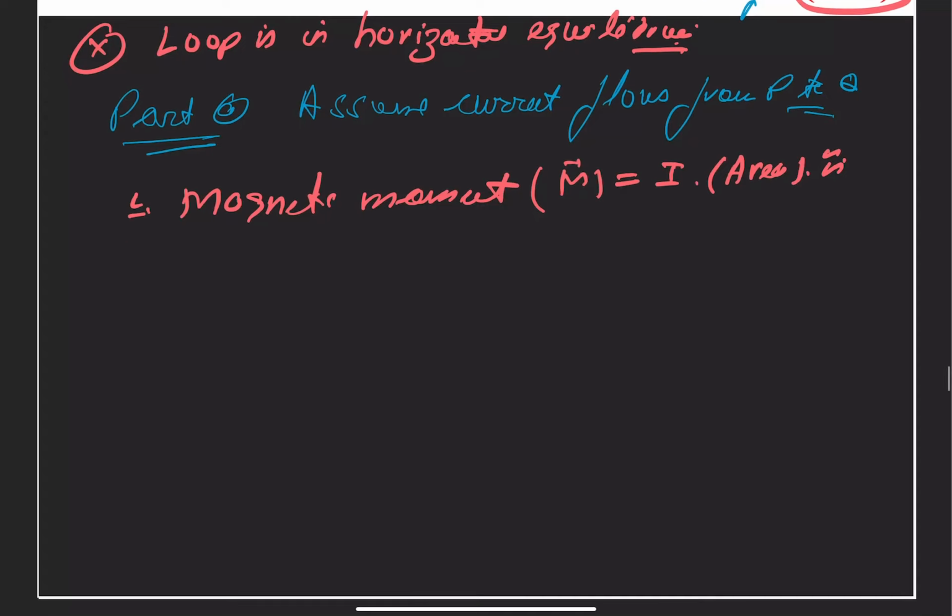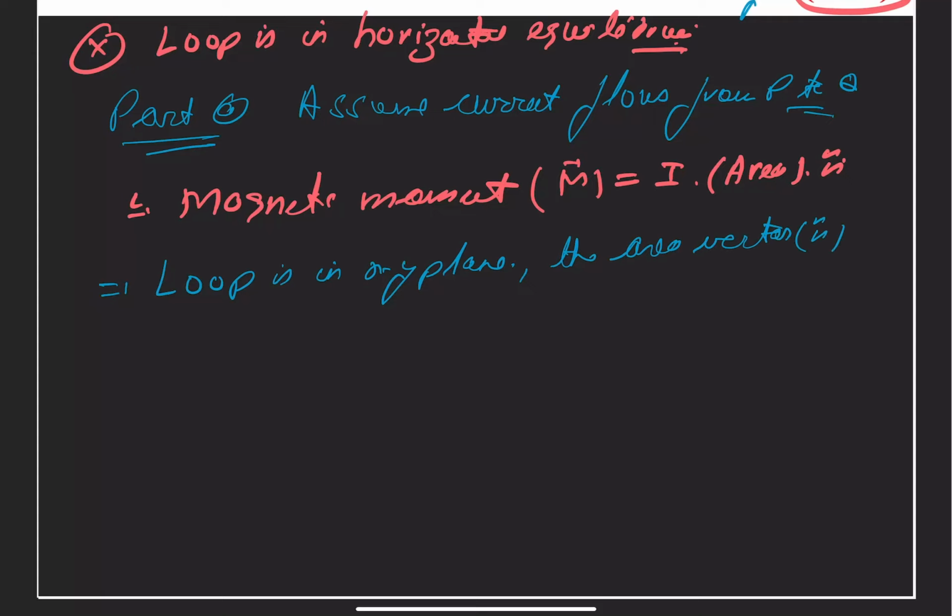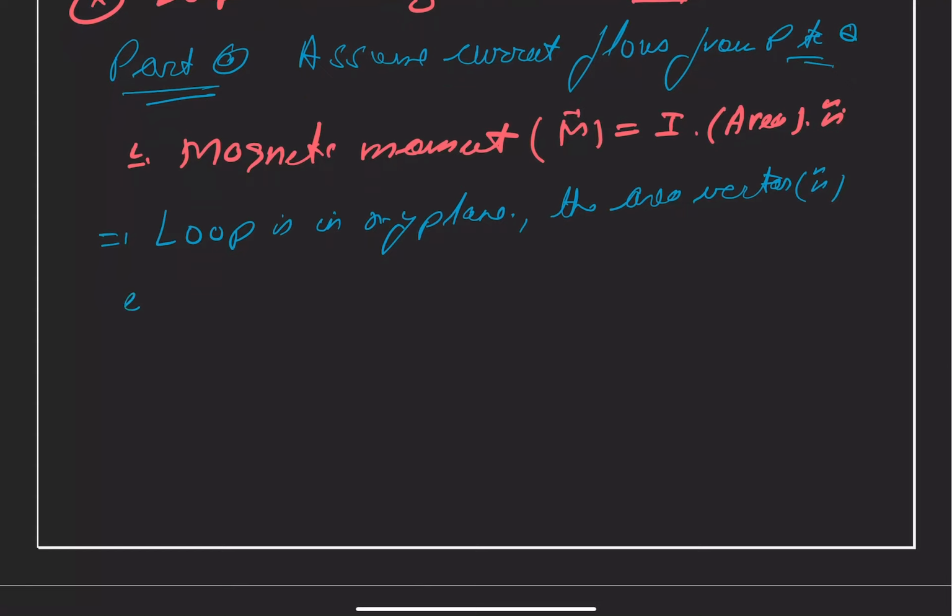It is said that the loop is in the xy plane. Therefore the area vector, which in this case is represented as the n unit vector, is along minus k.